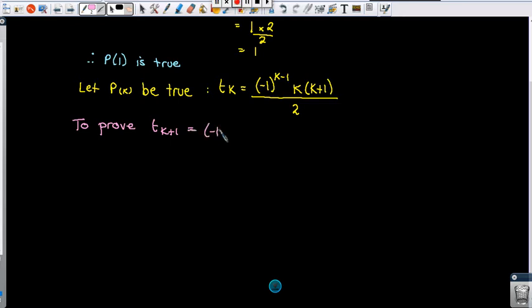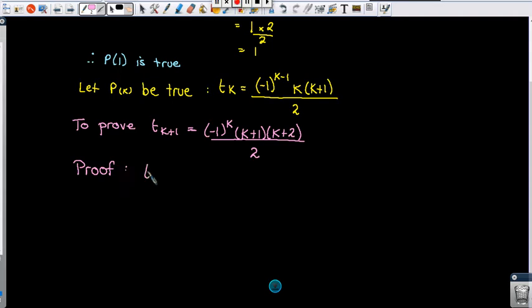We're trying to prove that it's minus 1 to the k plus 1 take 1, which is k, times k plus 1, k plus 2, all over 2. So that's what we are trying to prove. Here comes the proof. We hope.